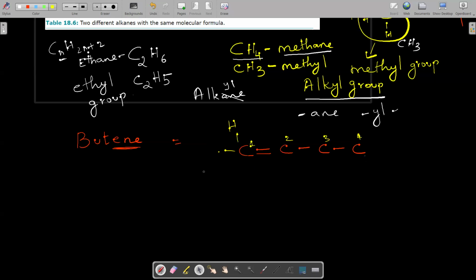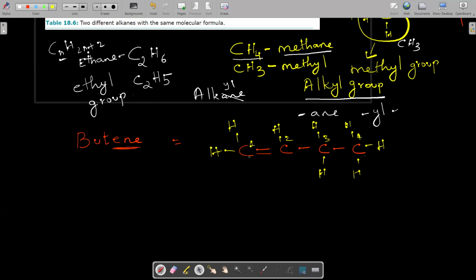Don't get confused. So 1, 2, 3, 4. The 4 bonds are already done here. And then we have the other 3 bonds put here. So this is our butene.